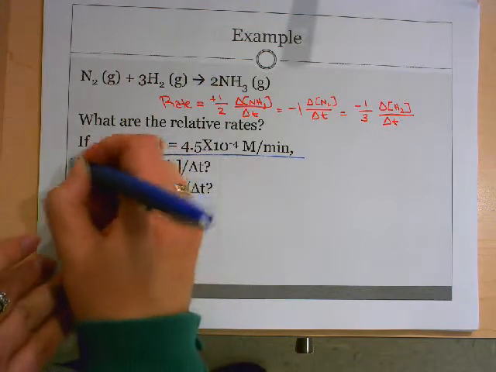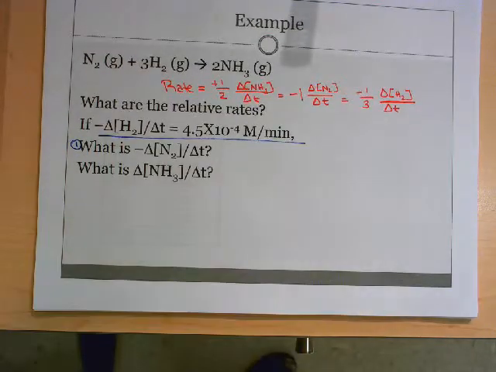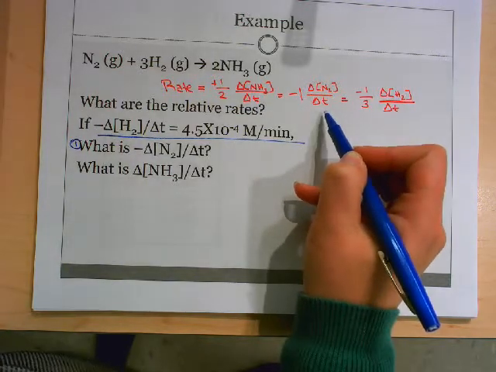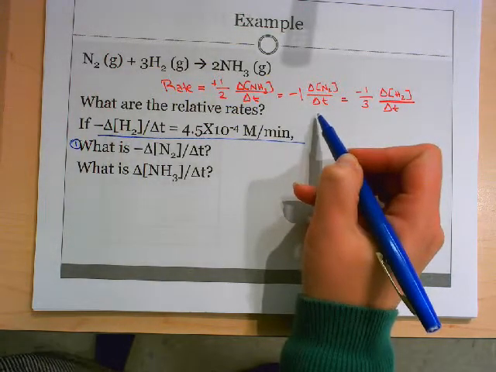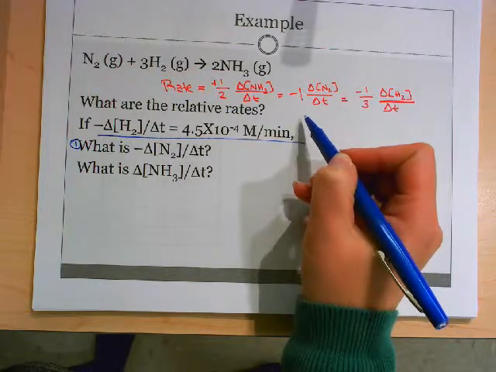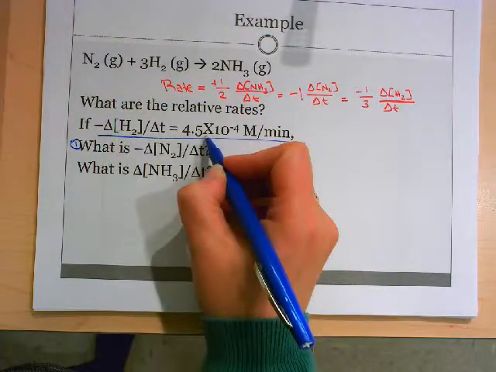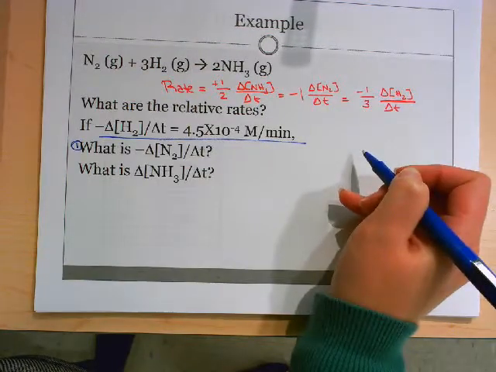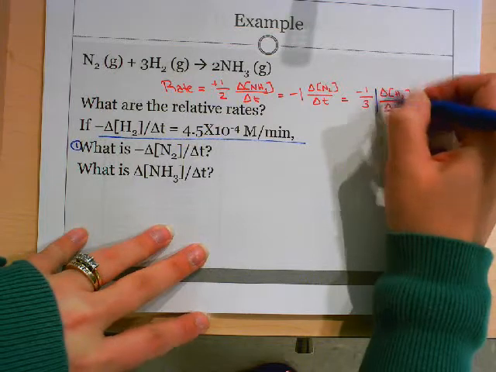So let's do this one first. I want to find this part of the rate equation, or relative rate law. If I know this rate, this delta H over delta T, I'm going to plug it in right here.